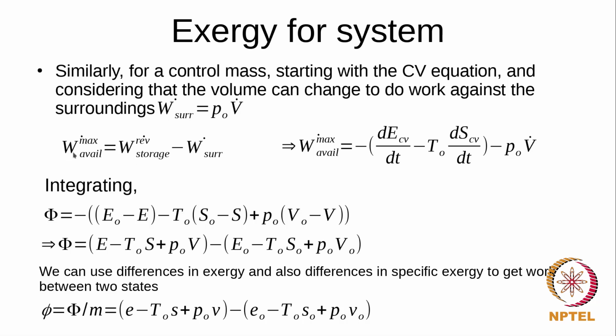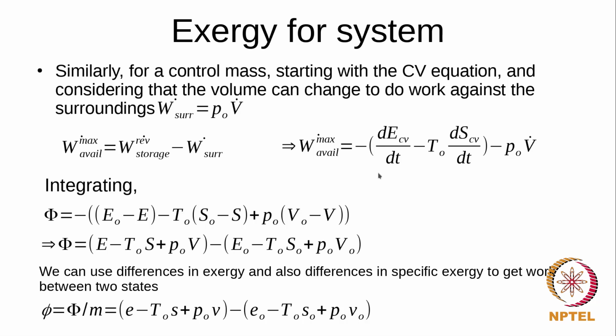And what we can write is that W dot max available is W dot reversible and stored minus W dot surroundings. The maximum work we can get, we can substitute for whatever is stored from the previous expressions which we had, which is essentially the change in energy with respect to time minus T naught times ds by dt for the control volume.